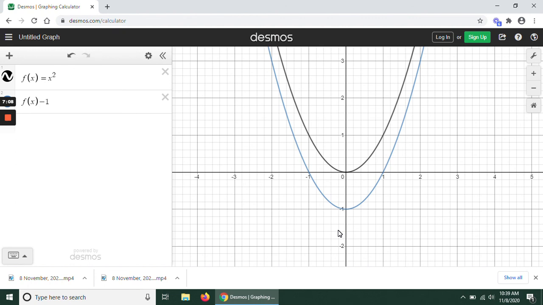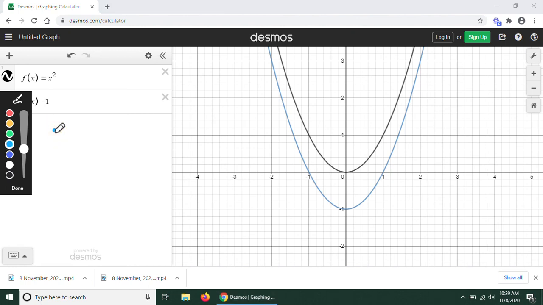So -1 was applied to the outside of the original function. So f of x is actually x squared. So -1 was applied to the outside of the function.